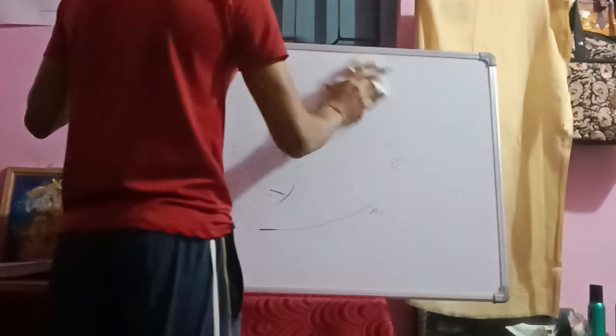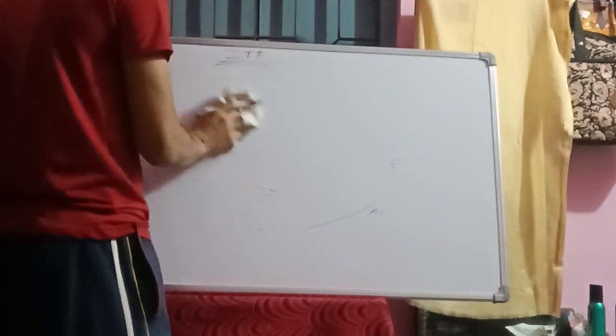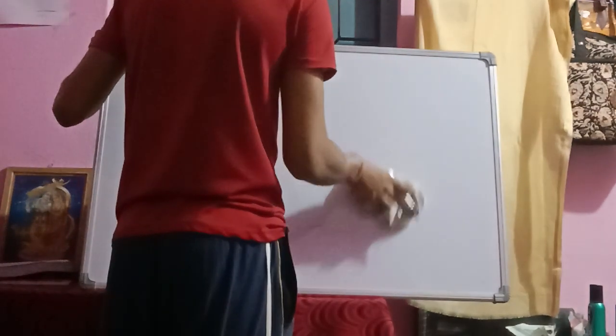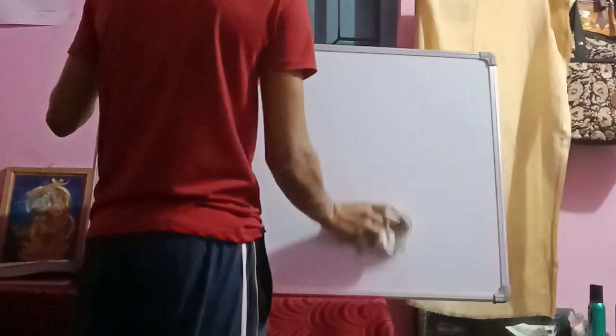Basically, I'm trying to make you guys think on your own about where to apply these identities and how to apply them. This time, let me try a bit harder one.